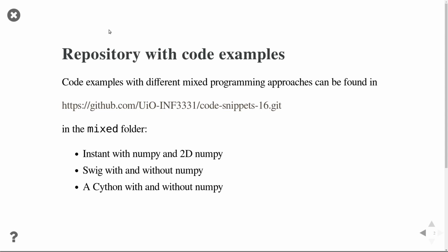And in there I have a demo where you can see how you can use Instant. So typically just using these tools with normal Python is relatively straightforward, but then you often want to use NumPy, right? And so I here have examples where I use Instant with NumPy and also with two-dimensional NumPy arrays. I have an example with SWIG with and without NumPy arrays, and I also created a Cython example with and without NumPy arrays. So in particular, if you're not entirely sure, you want to have a starting point that you know works.